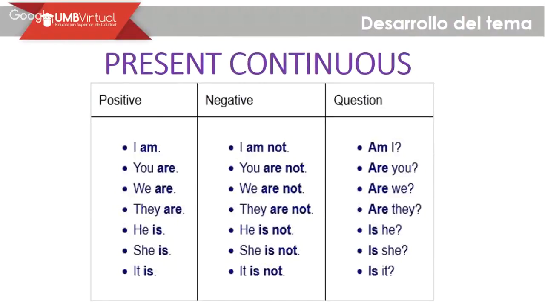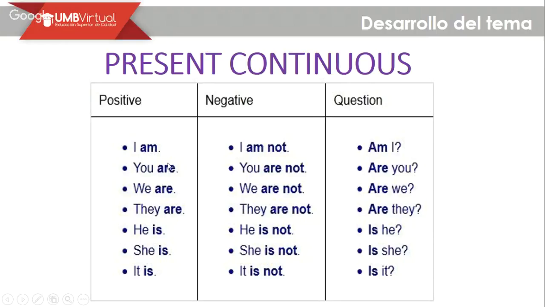The structure that we follow for present continuous, we need to use the verb to be. So just to remember the verb to be in present, we use three conjugations for the verb to be, depending on the subject that we are going to use. Remember that verb to be conjugates for the first person, I, that in Spanish translates yo, using am.